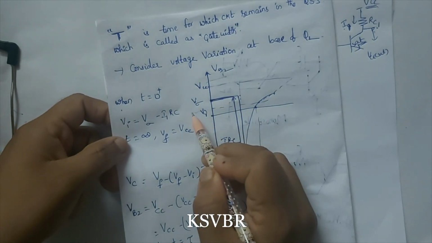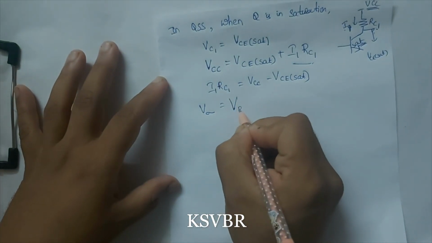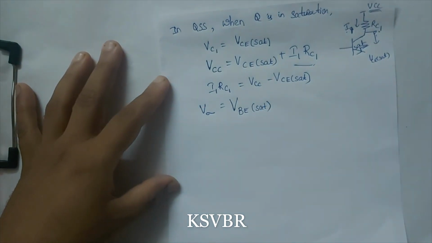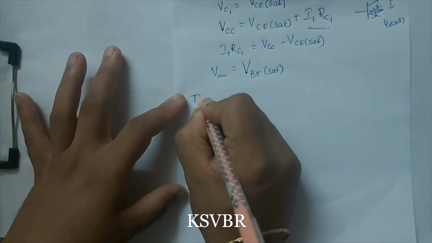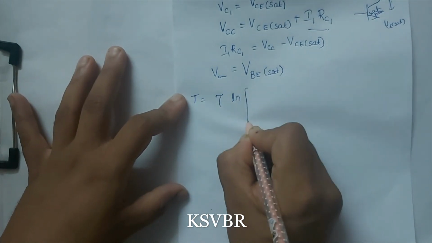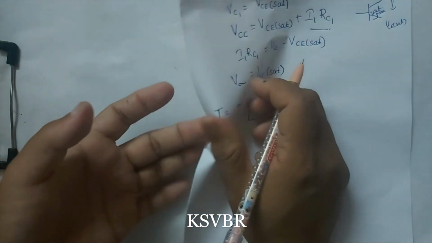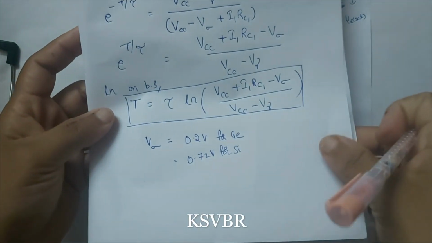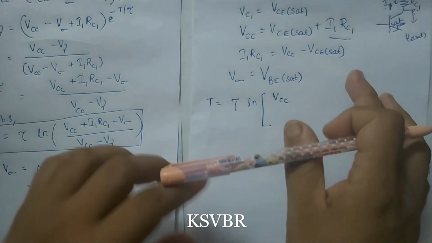So V sigma is equal to VBE saturation. Okay, so now substitute all these values. Capital T is equal to tau ln of VCC plus I1 RC1.